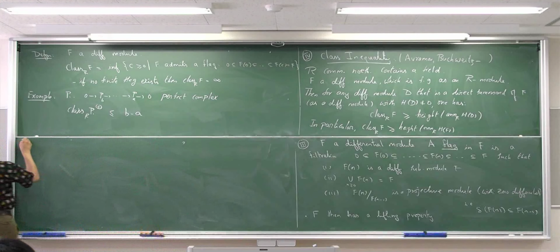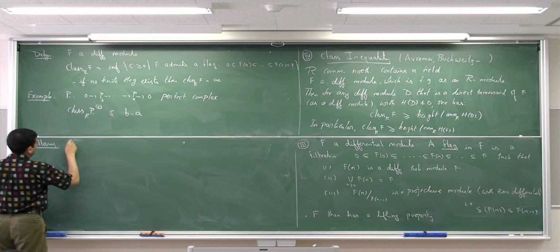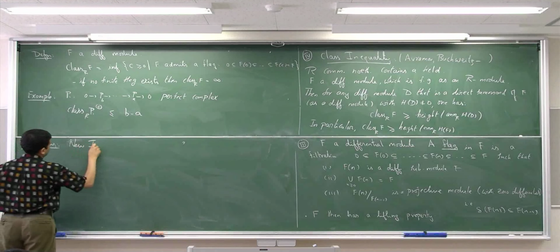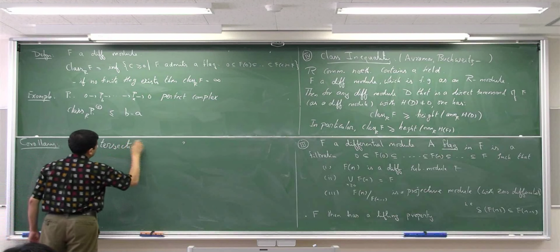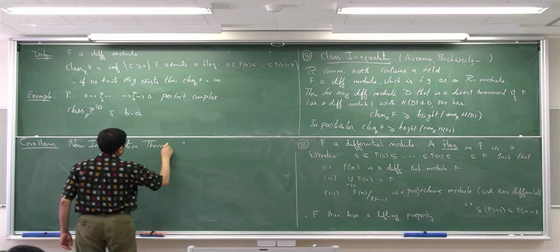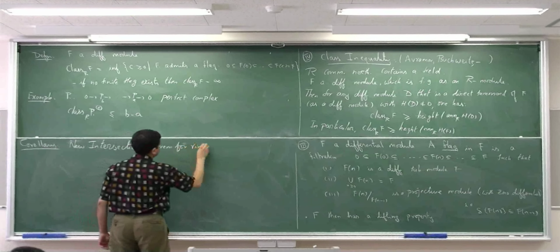So as a corollary, one gets the new intersection theorem only for rings containing fields.